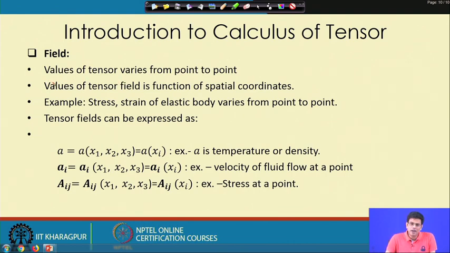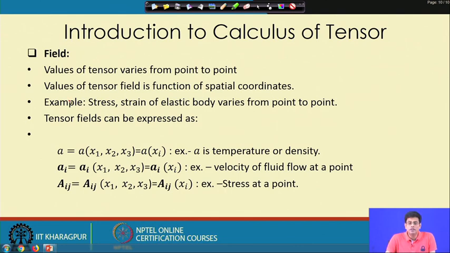It could also be a scalar field, for instance temperature. Temperature could be different at different points, so it is a scalar field. Values of a field vary from point to point, or it may also be constant.